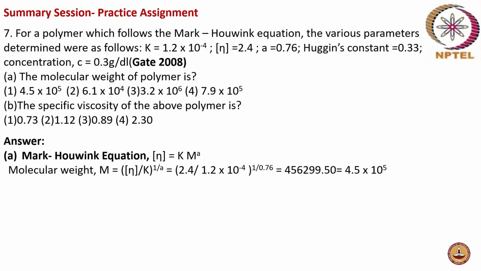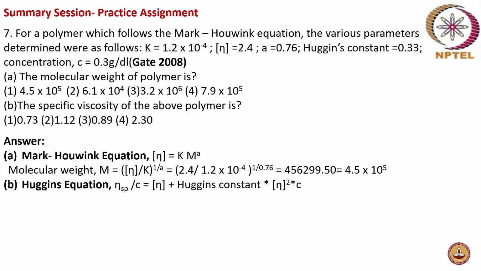Your molecular weight M is equal to eta by K the whole power 1 by A, which is nothing but 2.4 divided by 1.2 into 10 power minus 4 the whole power 1 by 0.76. You will end up with 4.5 into 10 power 5 as the molecular weight of the polymer. So option 1 is the answer for question number 7A.